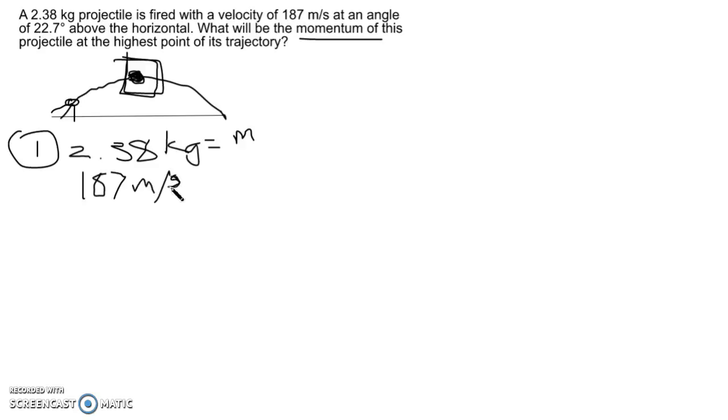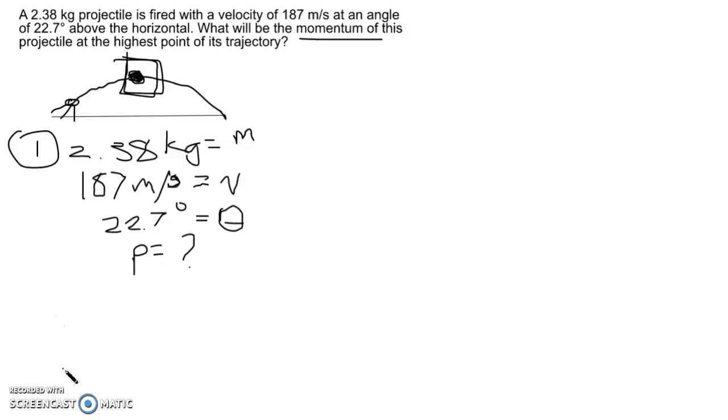And that's the velocity, but it's not the velocity we're looking for specifically. And we have that the angle of the velocity is at 22.7 degrees. So this part here would be 22.7 degrees. Okay, so then we're searching for the momentum.